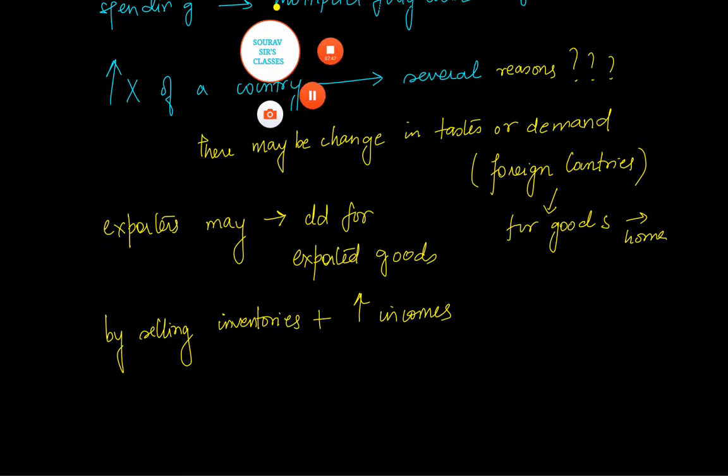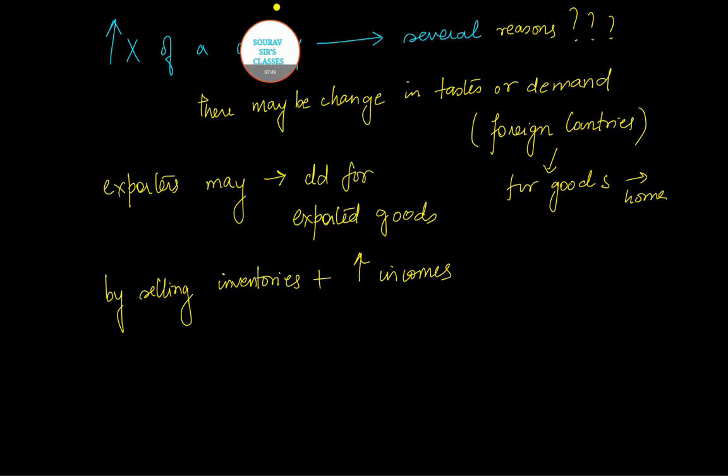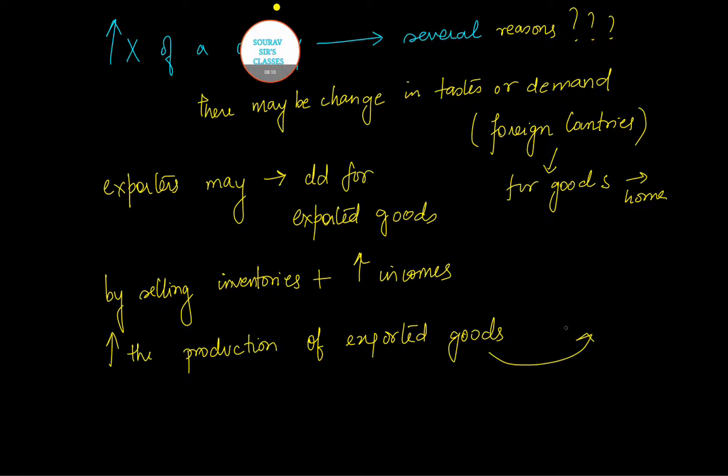But in the next period, they will make efforts to increase the production, because the exported good is in demand, so they will increase the production of exported goods. And if they plan to increase the production, they must hire more workers, so they will employ more workers.